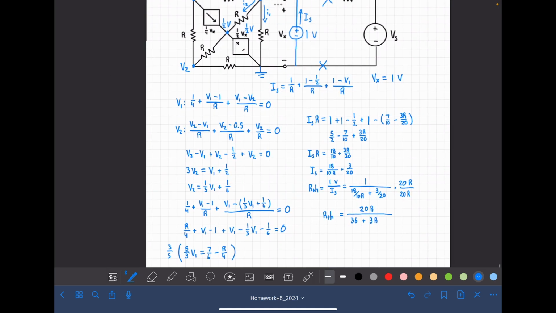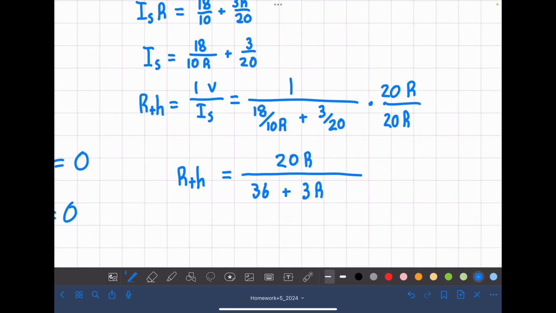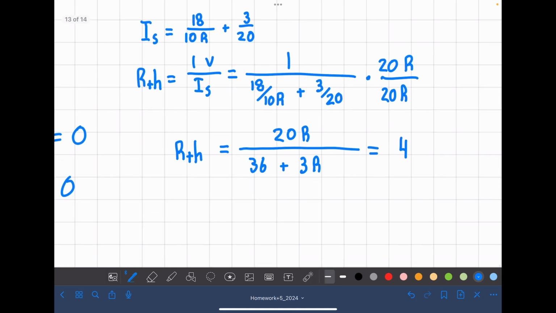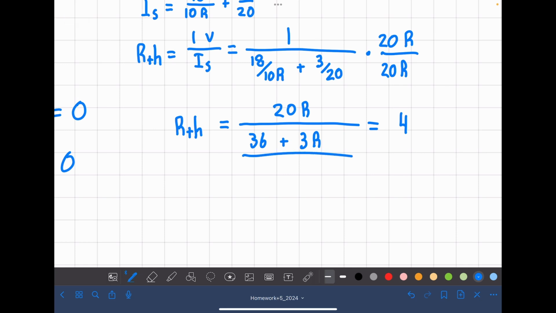Okay, we have our Thevenin resistance. Now we set it equal to our source resistance, which is 4. And we solve for R. So going ahead and doing that, we multiply both sides by 36 plus 3R. We get 20R is equal to 4 times 36.